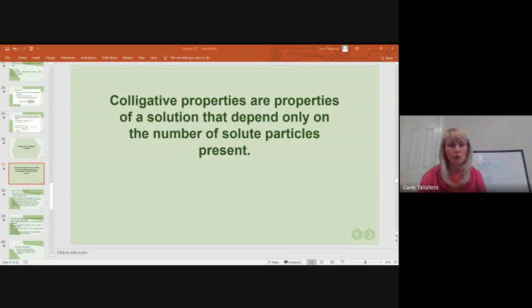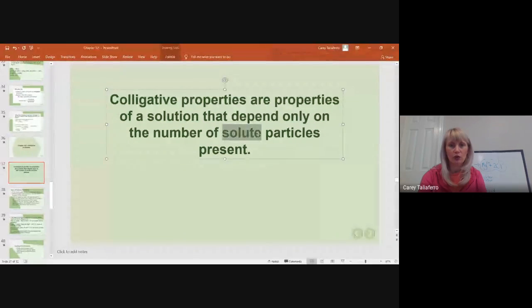So when we look at these ideas, what we're going to look at is what happens to the solute and what effect it has on the solvent that you're placing it in.